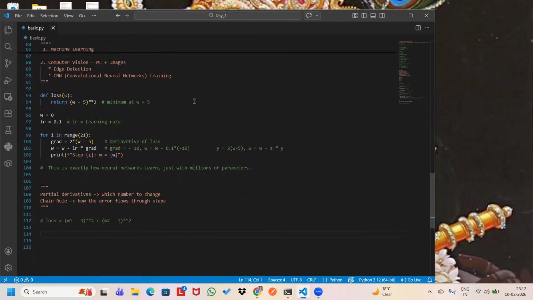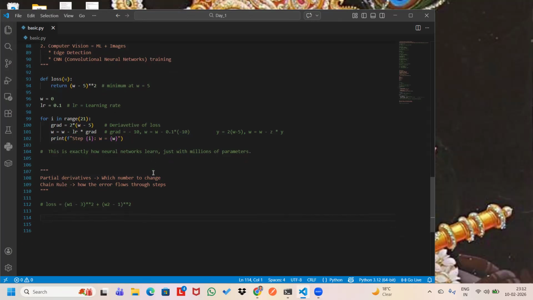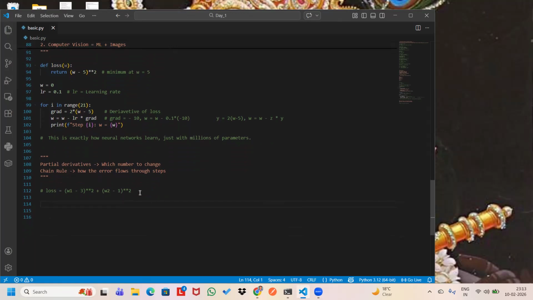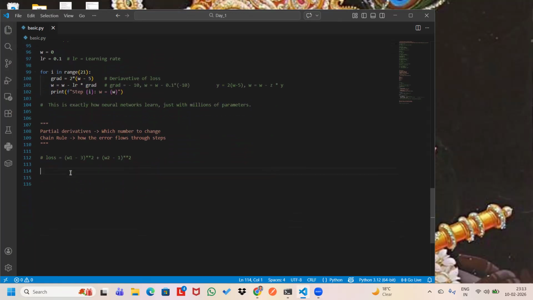We discussed the first order in the last video. If you differentiate with respect to W1, the loss will be different, and if you do the same with respect to W2, the loss will be different. So loss depends on both weights, W1 and W2.